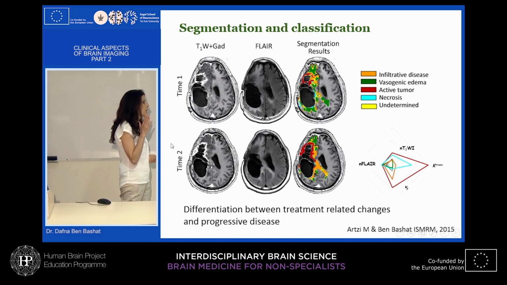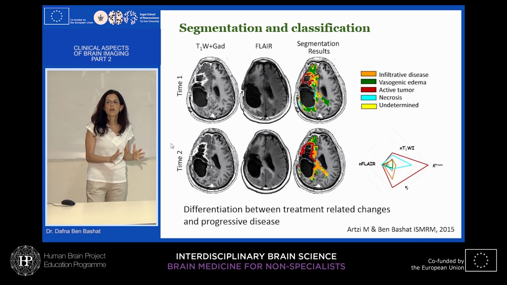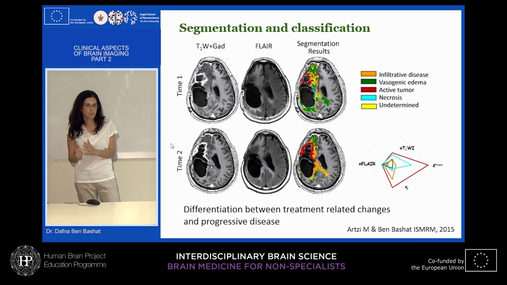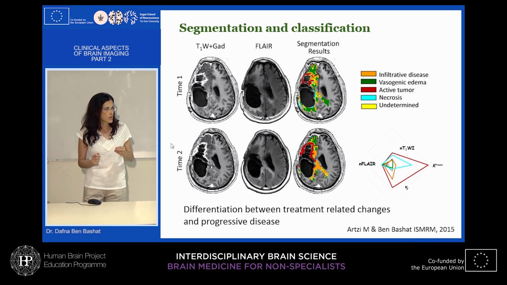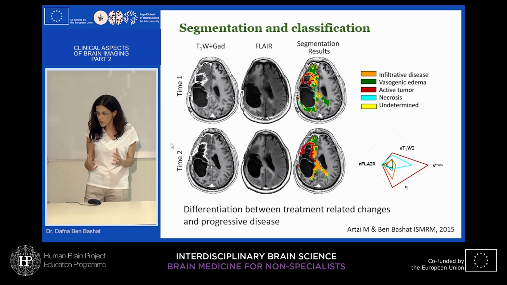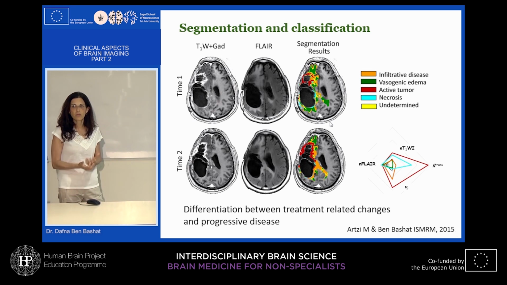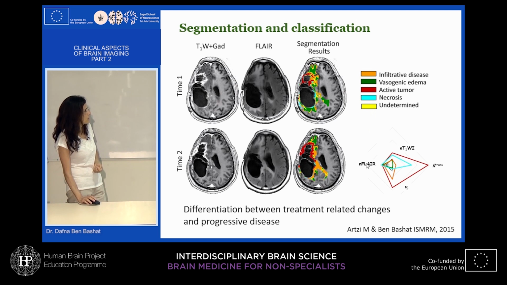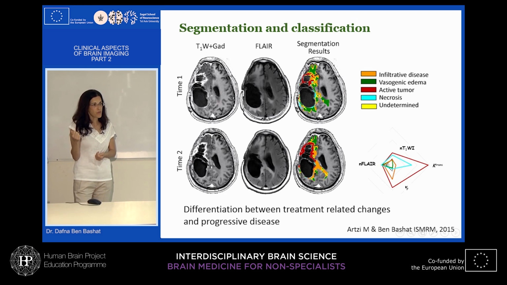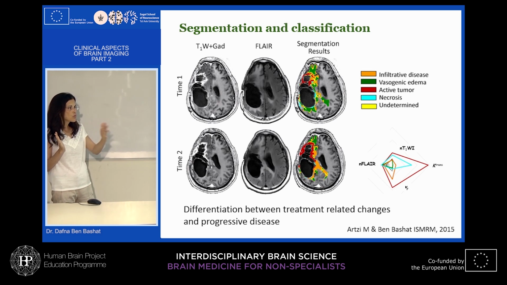If you ask neuro-oncology, this is always the question: how can I differentiate between radiation necrosis and progressive disease? Just by combining a lot of information, and having software that integrates all parameters and uses more complex and sophisticated algorithms, we can answer this once we have a hypothesis about what's going on microstructurally. Because we need to combine what we see in imaging with what's going on in the tissue.